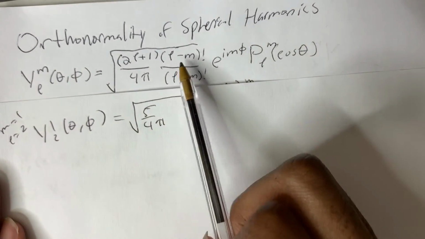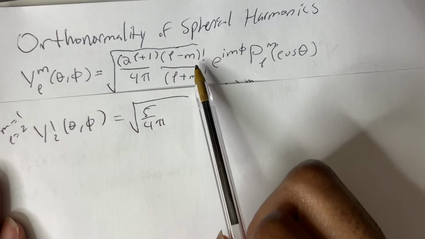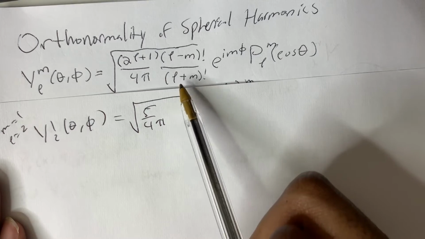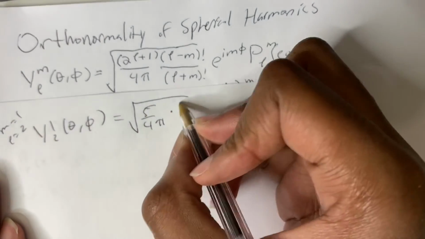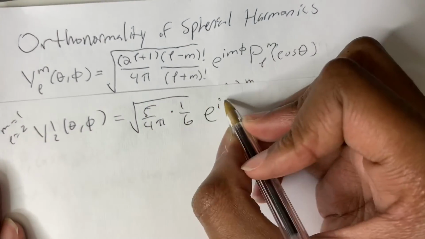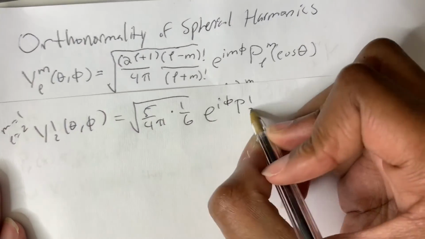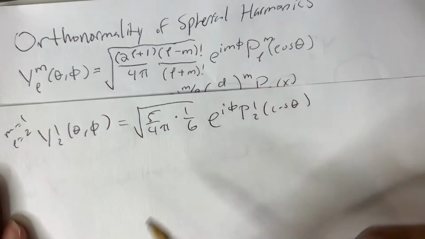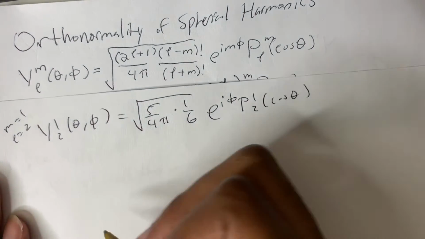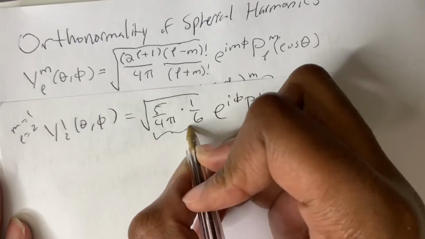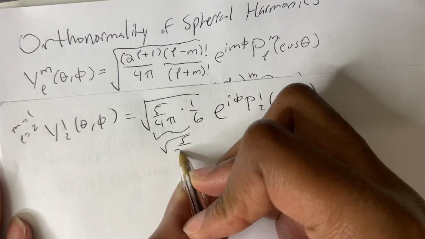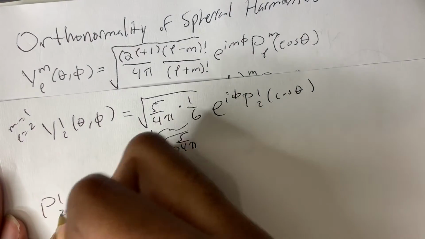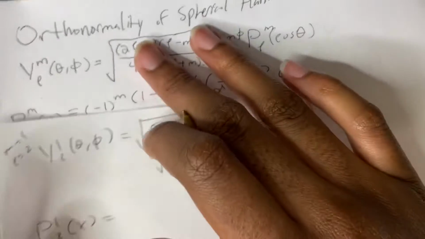This is going to be 2 minus 1, which is 1 factorial. 1 plus 2 is 3 factorial. 3 factorial is 6, so this is just 1 over 6, e to the i phi, P12 of cosine theta. I'm going to go a little bit faster because this part is just plugging things in. So this is going to be square root of 5 over 24 pi. Okay. So P12, again, just plugging things in.